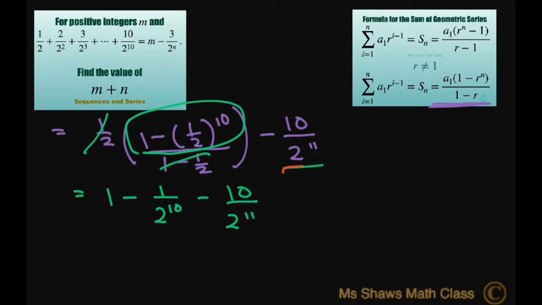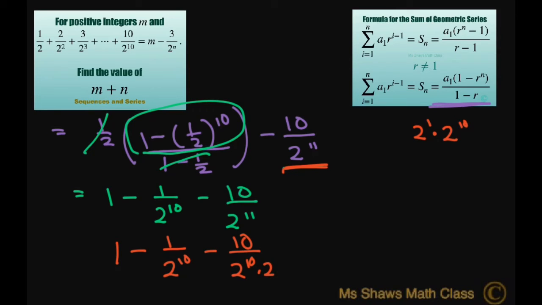Now I'm going to rewrite this 2 to the 11th power as 2 to the first power times 2 to the 10th power. So this is going to be 1 minus 1 divided by 2 to the 10th minus 10 divided by 2 to the power of 10 times 2.